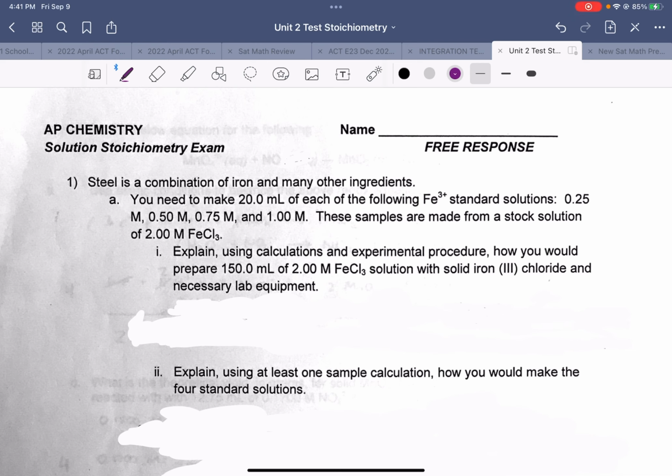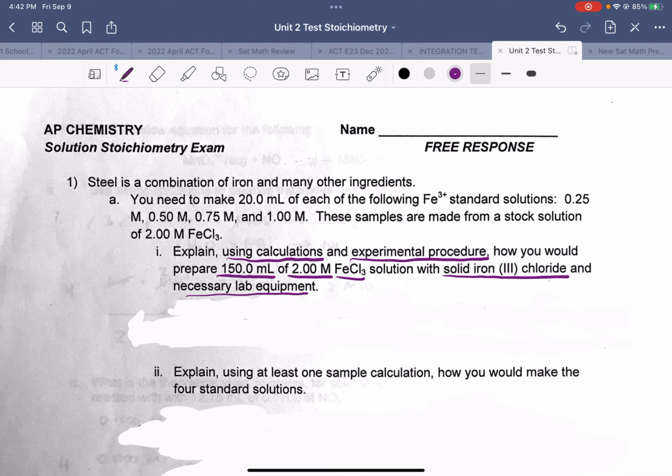Now, first part, explain using calculation and experimental procedure. So you have to show calculation and experimental procedure. So how you would prepare 150 milliliters of 2 molarity FeCl3 solution with solid iron chloride and necessary lab equipment.